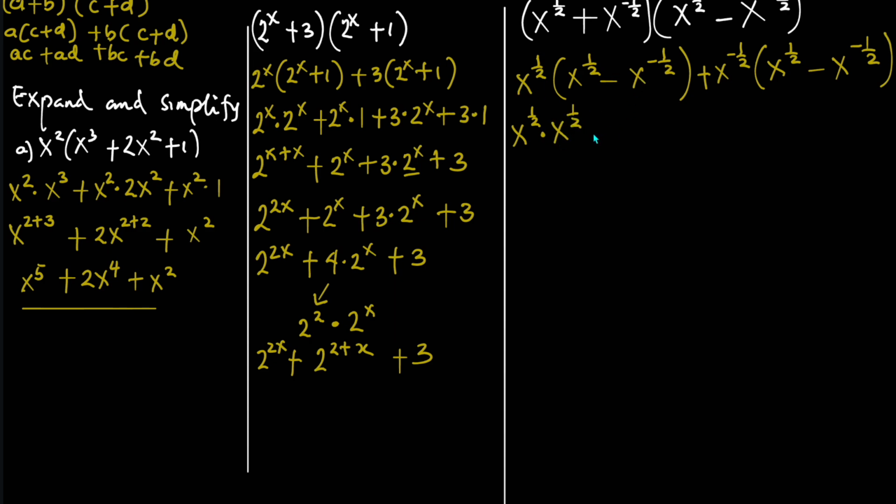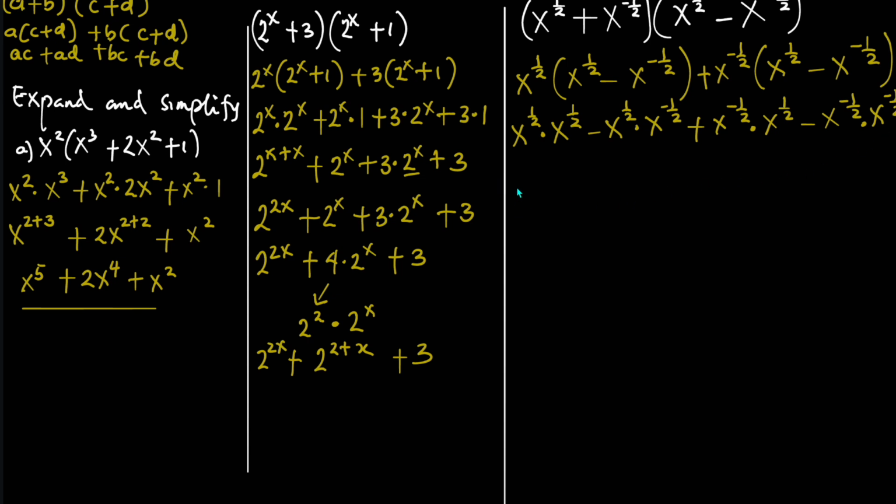Then we are taking this and this, so minus x to the power of 1/2 multiplied by x to the power of negative 1/2, plus x to the power of negative 1/2 multiplied by x to the power of 1/2. Lastly, we have to multiply the positive and the negative here to give negative. And this becomes x to the power of negative 1/2 multiplied by x to the power of negative 1/2.